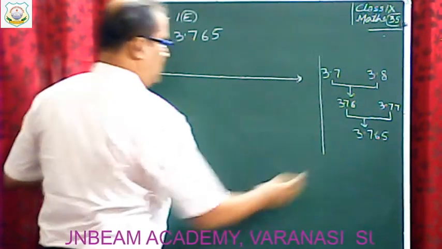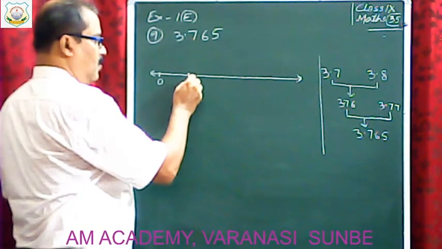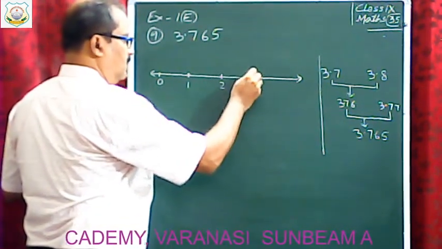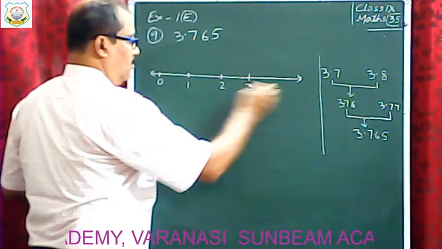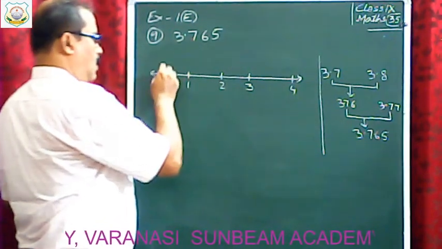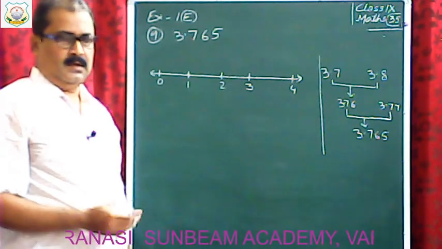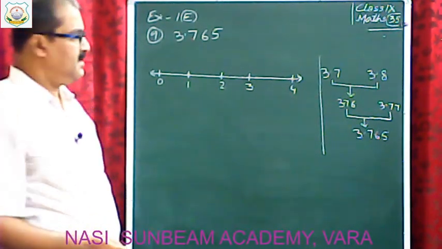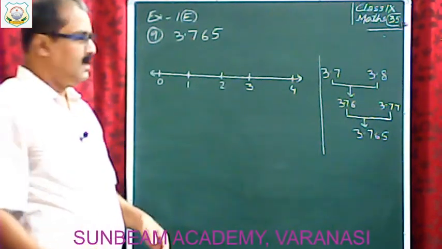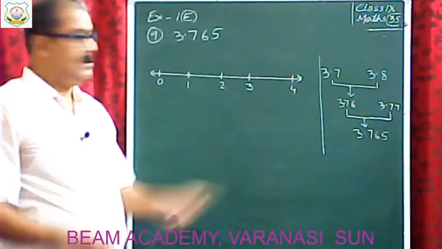Is a rough one. 0, 1, 2, 3, 4. Okay, and you know how to represent 1 place of decimal on number line. In first exercise 1A we have done this. Suppose you have to represent 3.7 or 3.8. How to represent? We know that the number 3.7 and 3.8 lies between 3 and 4.